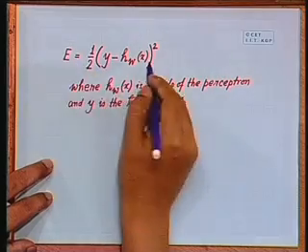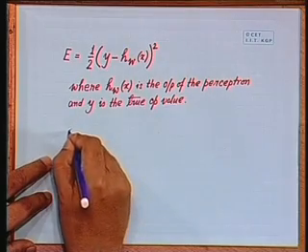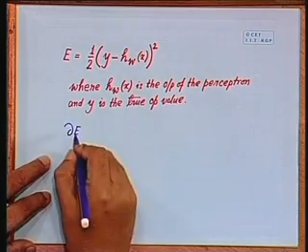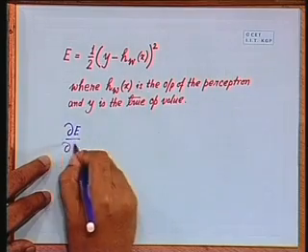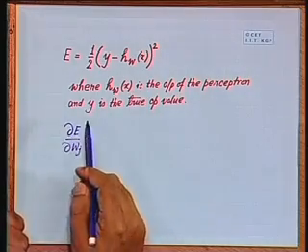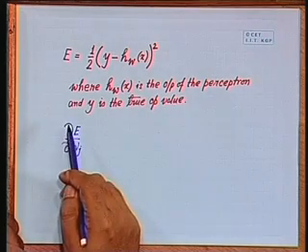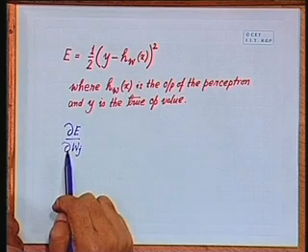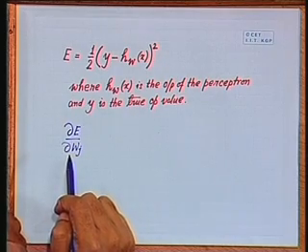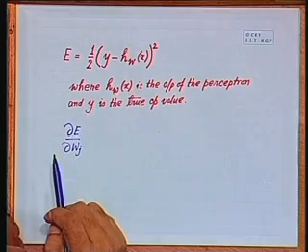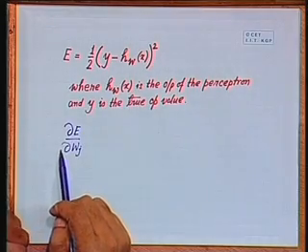So, to reduce this error, let us first see what we have as delta E over delta Wj. I want to see the change in error with respect to a change in the weight that I receive from j.